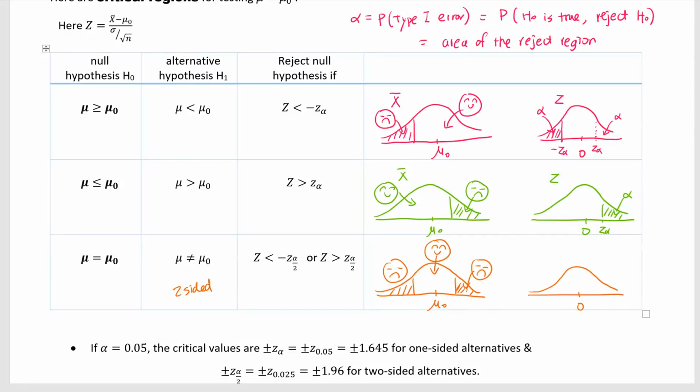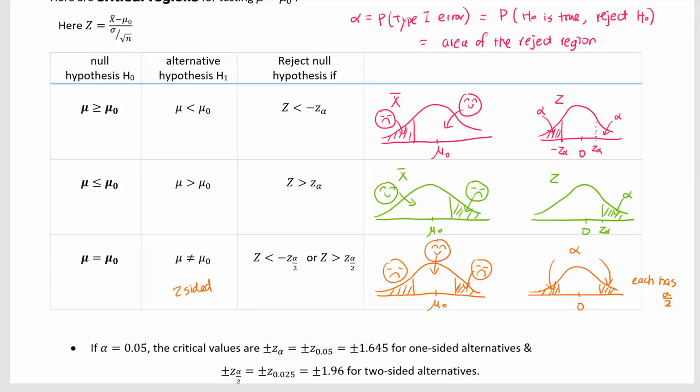So far, so good, everybody. Remember, we want to reject it when it's in a region like this, but the area of the reject region equals alpha. Then what is the area of each of them? Each has the area alpha over 2.